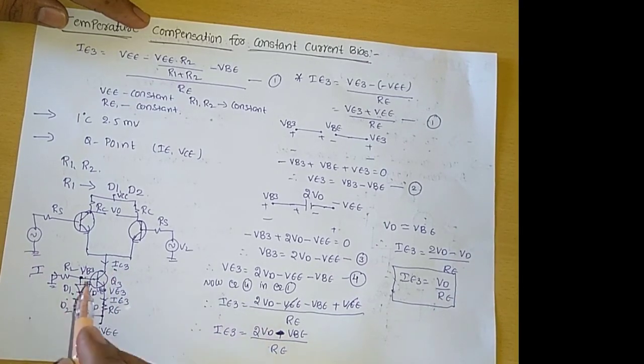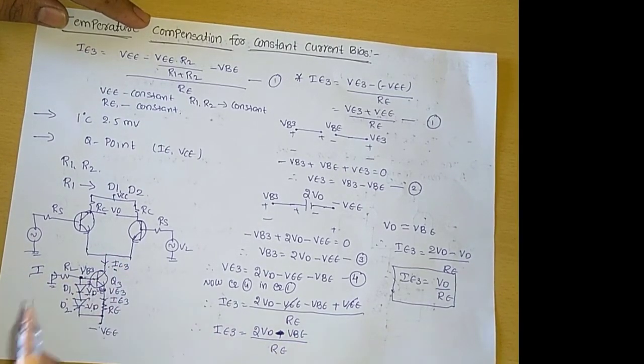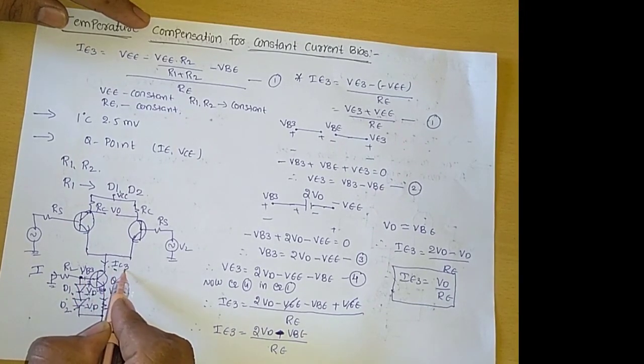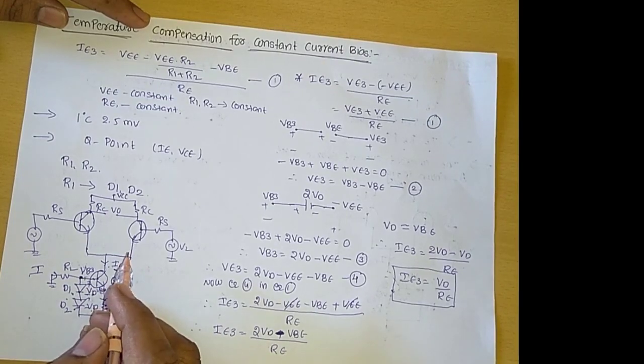It means that with respect to temperature, the amount of current increased at this collector terminal, the same amount of diode current also increases, and then the same amount of current decreases, so the overall current also decreases. In this way we maintain this emitter current I constant. Okay, thank you.